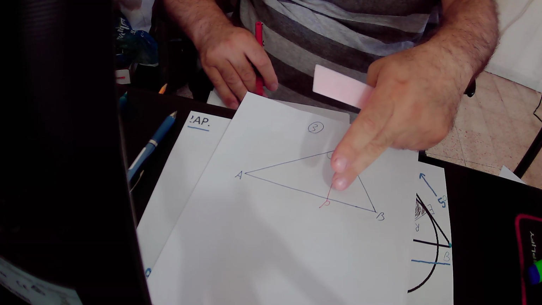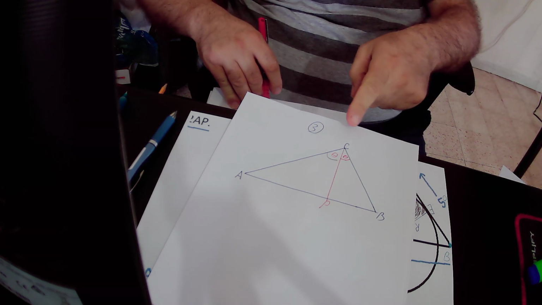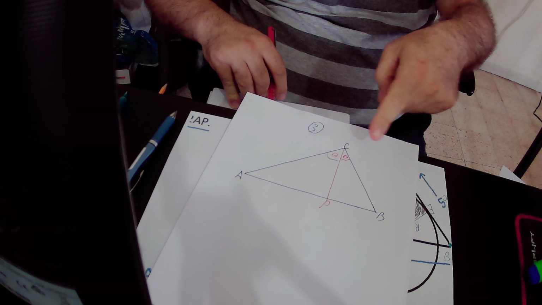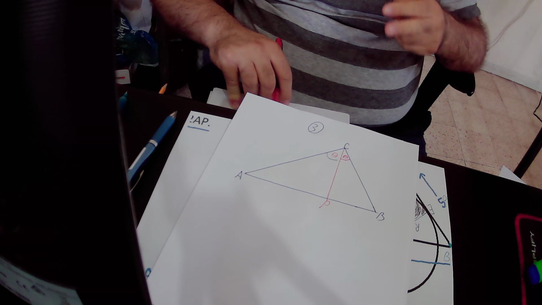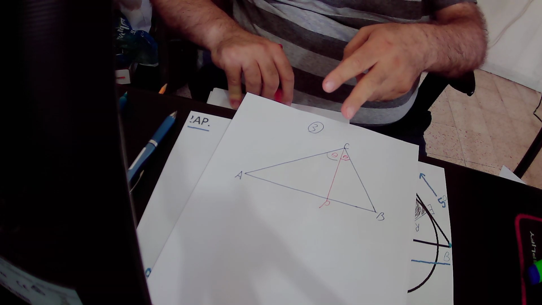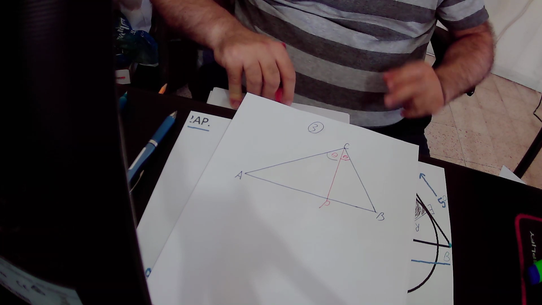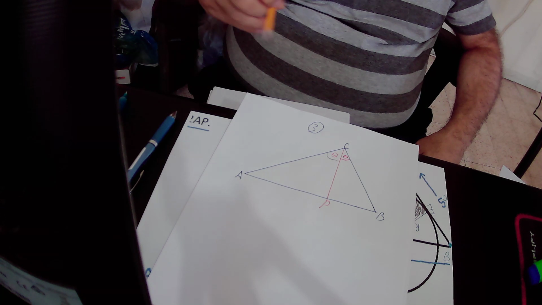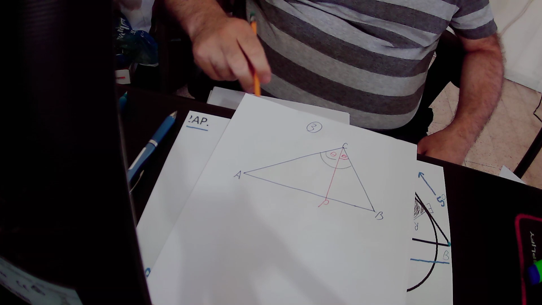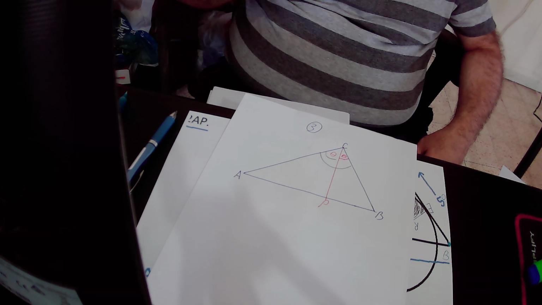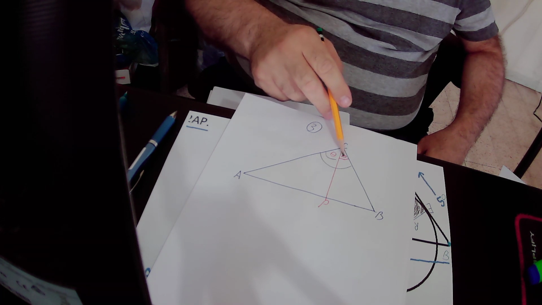This is point P, the center of the circle, and this angle ACB is divided into two equal angles, theta and theta. Okay, the angle ACB is divided into two equal parts, two equal angles. This angle is theta and this angle is also theta.